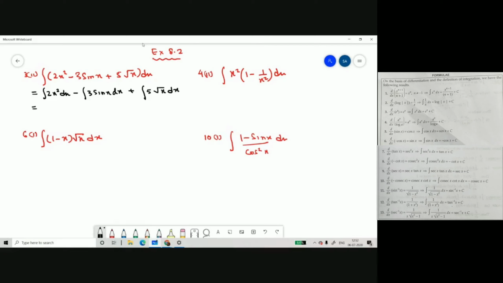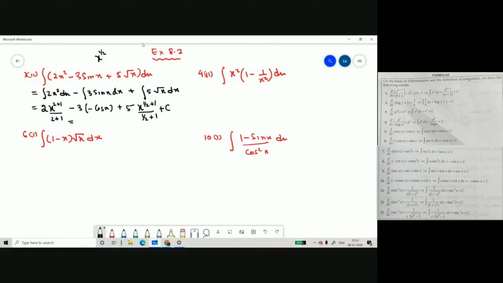Now look carefully, 2 is a constant, it comes out, and x to the power n, it will be x to the power n plus 1 by n plus 1, isn't it? 3. Integration of sin x, we know it is minus cos x. Plus 5 comes out. Integration of root x is nothing but x to the power half, so it will be x to the power half plus 1 by half plus 1 plus c at the end, constant. Am I clear?